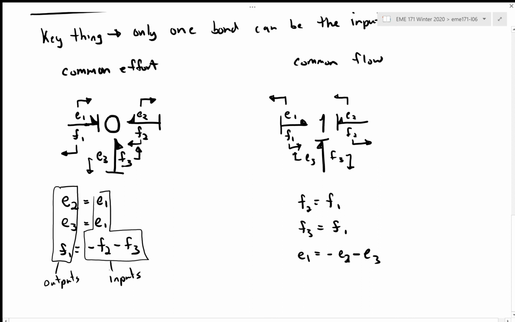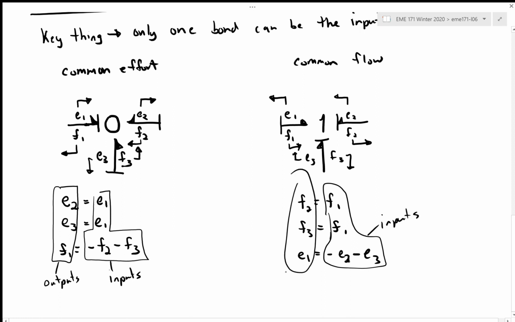All right, so E2 and E3 are inputs to the 1, E1 is the output of the 1. We have our same setup here: this side inputs, here outputs. So there's only one causality possibility for the 0 and the 1.